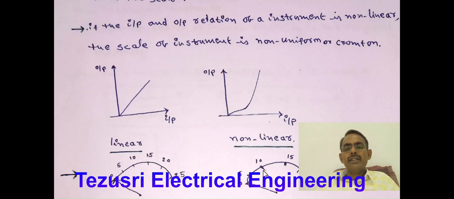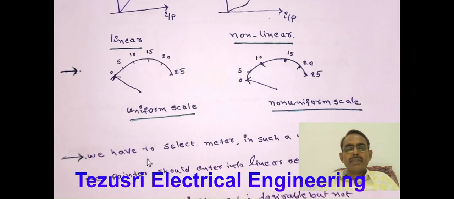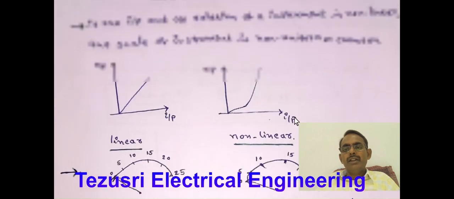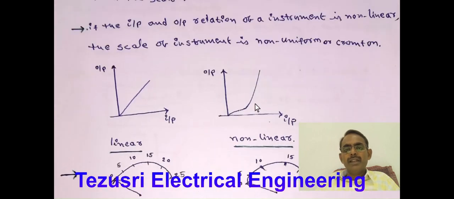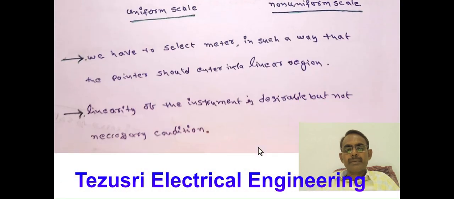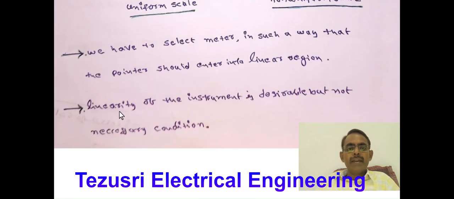In a non-linear relation, the scale is non-uniform, so we have to select a meter in such a way that the pointer enters the linear region of the scale. Linearity of an instrument is desirable, but it is not a necessary condition.